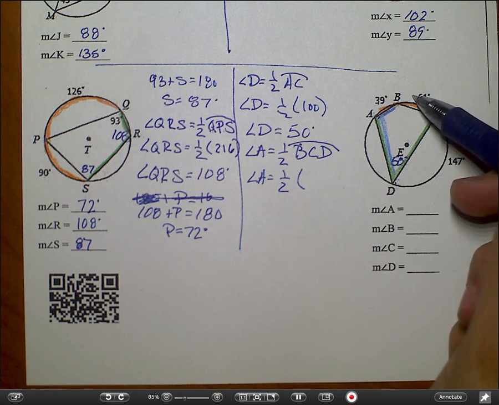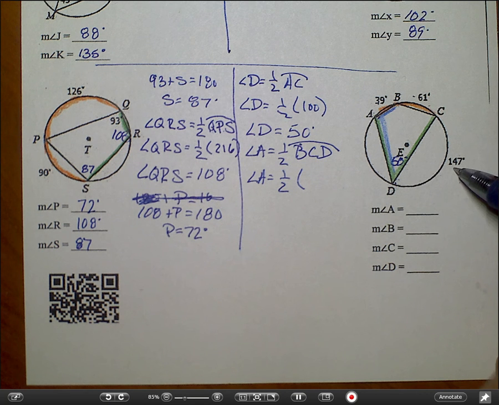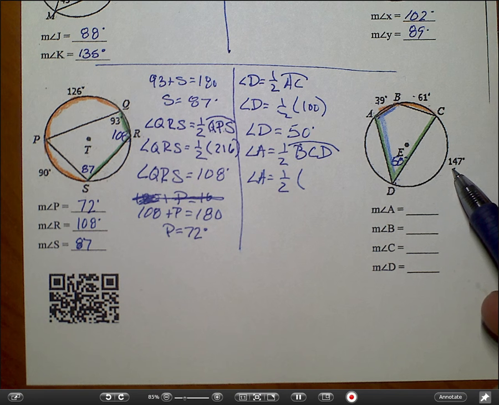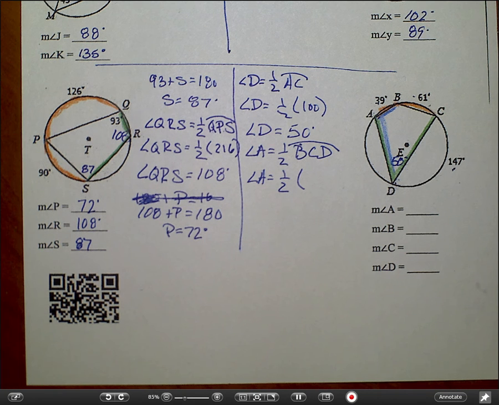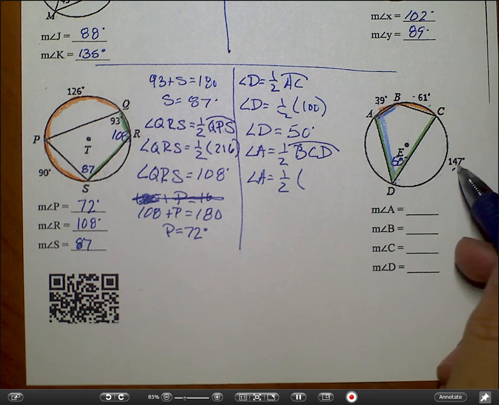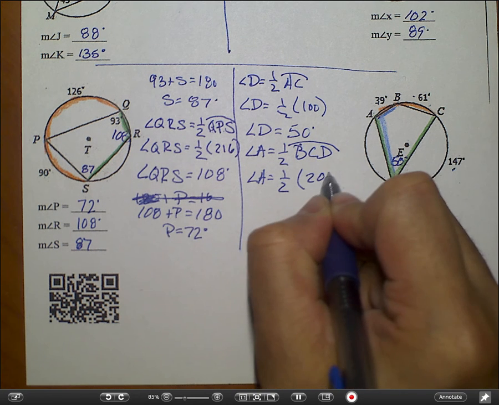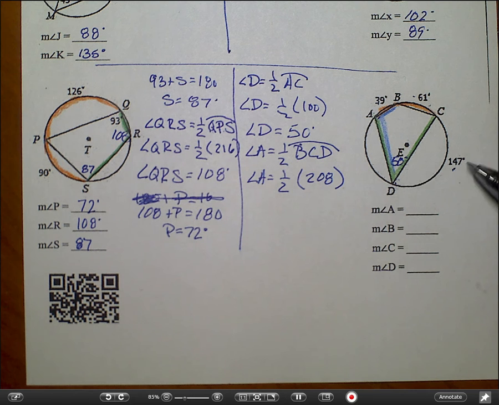258. So 61 and 147. 247. 208. What? 147 and 61. It's 247. 61 plus 147.